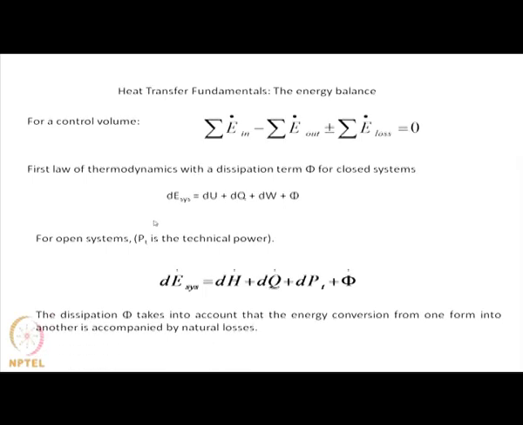The dissipation phi takes into account the energy conversion from one form to another, accompanied by natural losses. For example, if we have flow in a microchannel with a bend, then the dissipation function is related to the pressure losses and the frictional losses in such a system, which is going to change the internal energy content of the fluid.